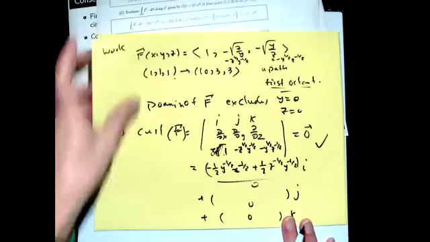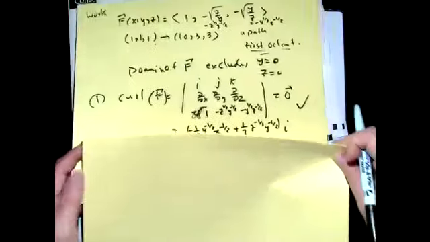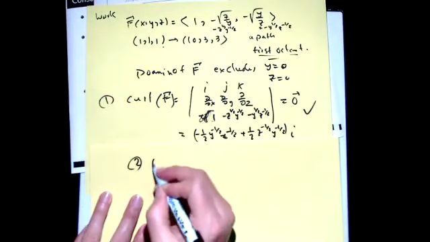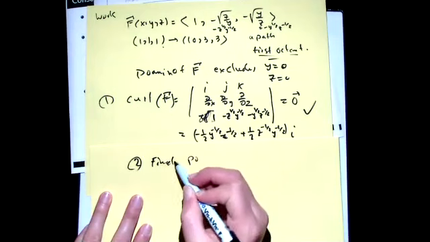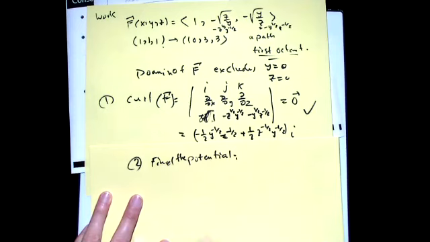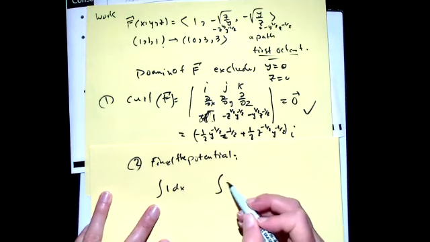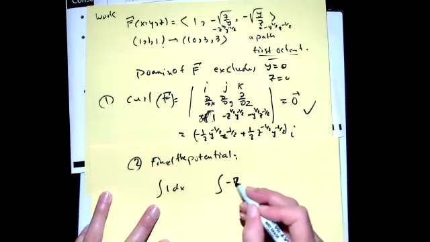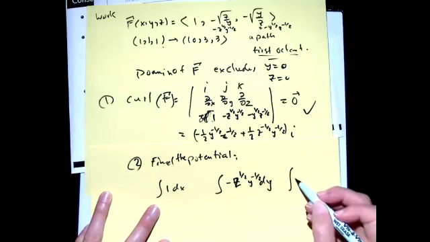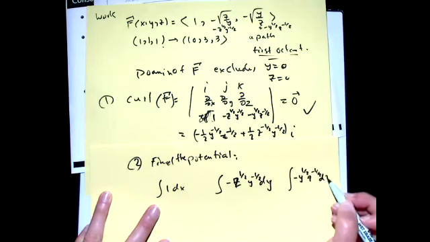Check, conservative field. Now, the next part after I found the curl, I want to find the potential. And potential is just that story. I take the integral of 1 dx, the integral of -z^(1/2) y^(-1/2) dy, and the integral of -y^(1/2) z^(-1/2) dz.